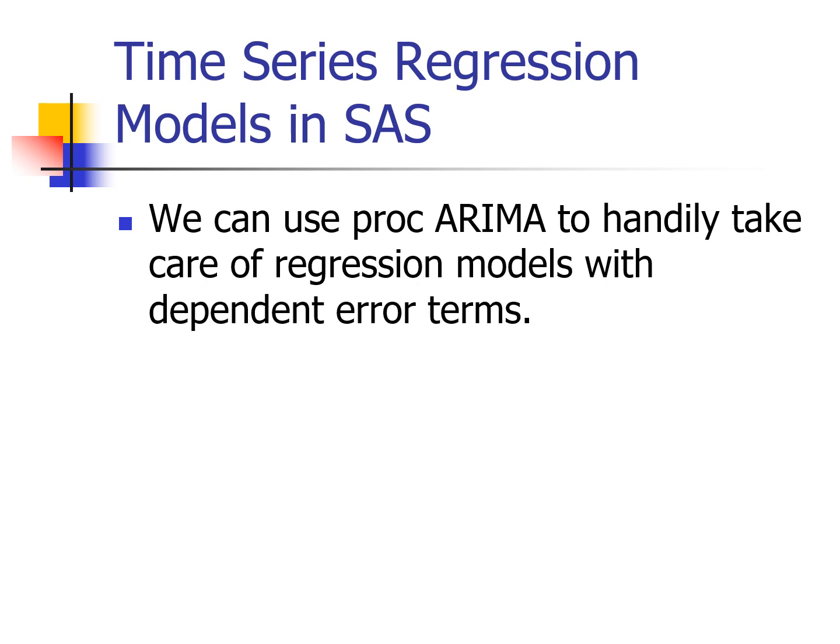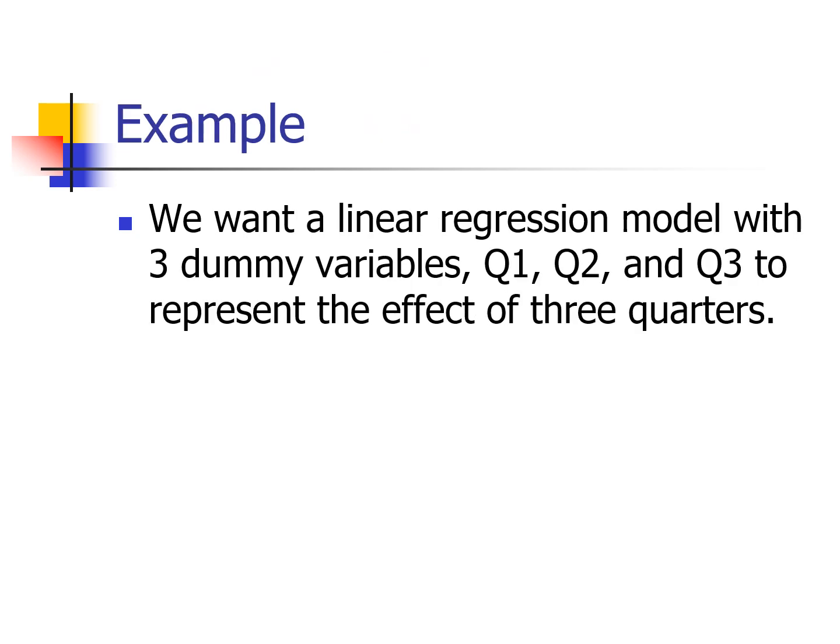In particular, how to deal with regression models that have dependency in their error terms. So this is kind of like going back to week 1, right? So in week 1, we were dealing with data sets like this. Imagine we have a linear regression model with 3 dummy variables, quarter 1, quarter 2, and quarter 3.